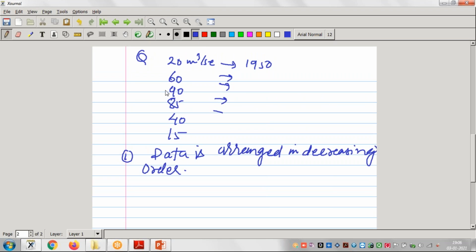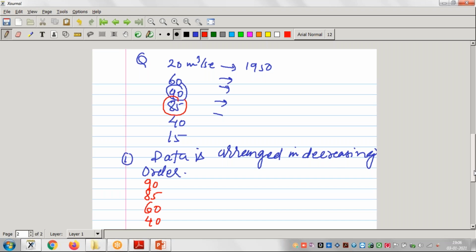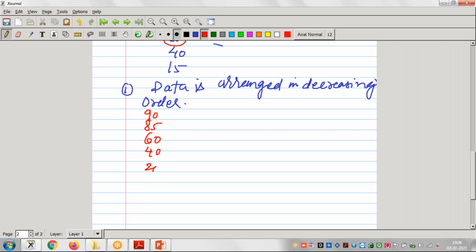See, decreasing order means the first one is 90, then 85, then 60, then 40, right? Then 20 and 15. This data may be a large number of data, just we are taking only a few data, say 19, whatever the year is there, we will just write here.